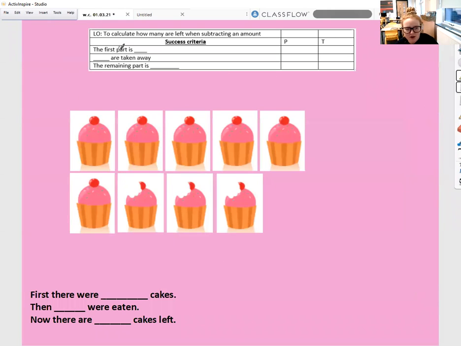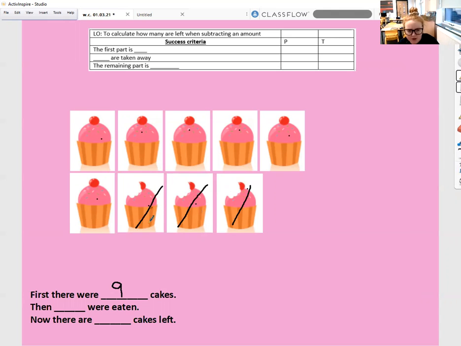The first part is, so there's 1, 2, 3, 4, 5, 6, 7, 8, 9. First there were 9 cakes. Then so many were eaten. How many were eaten? This one has a bite marking, this one has a bite marking, and this one has a bite marking.